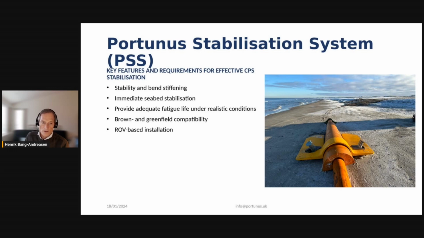It's also that we can provide immediate seabed stabilization, immediate meaning that right after the device is actually placed over the cable protection system, it's stabilized into the seabed, and that we can provide adequate fatigue life for the cable and CPS under realistic conditions, and that we can use this both on existing infrastructure, so for brownfield, and for new greenfield projects, and that we can do this from remotely operated installation.